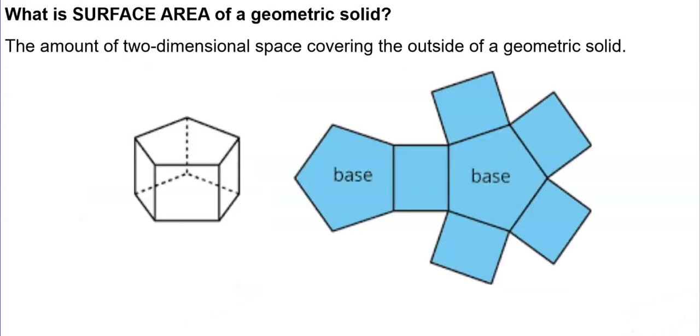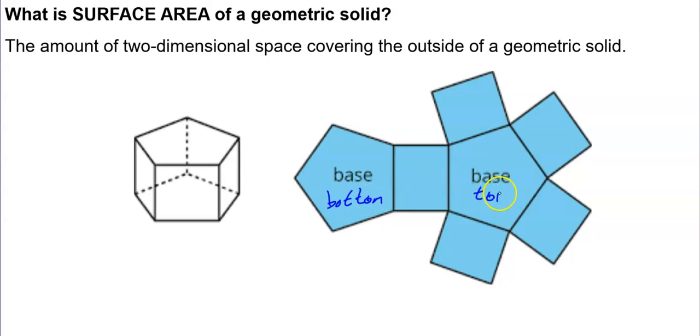All right, when we are looking for surface area of these shapes, surface area is how much two-dimensional space the outside covers. So what we are going to do is literally find the area of the bottom, area of the top. You can see this is the base. This could be the bottom.